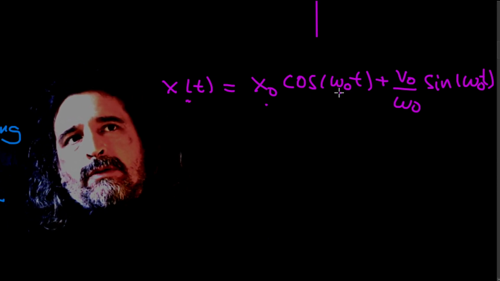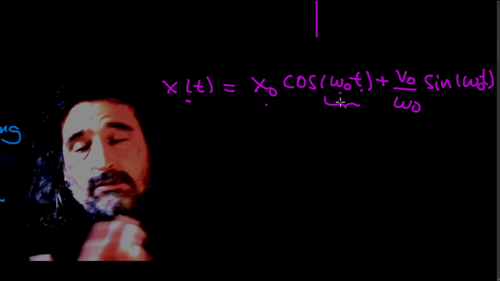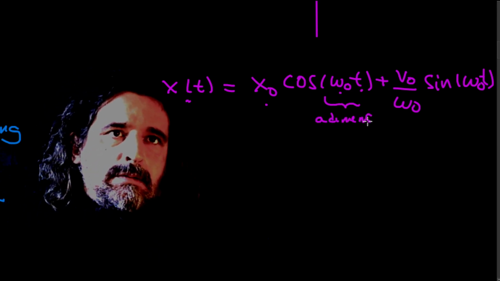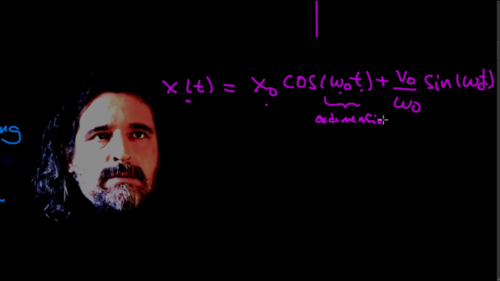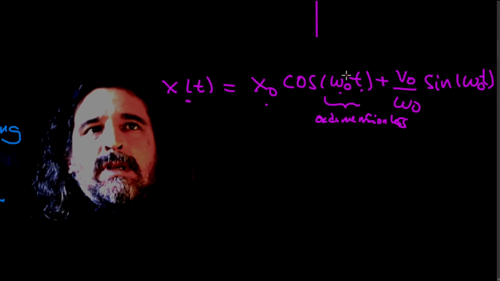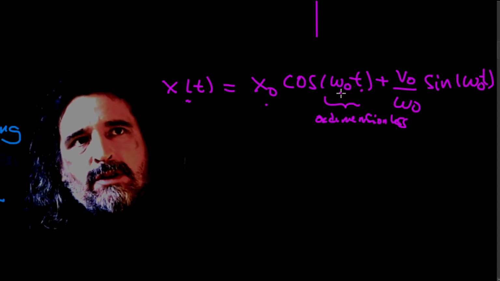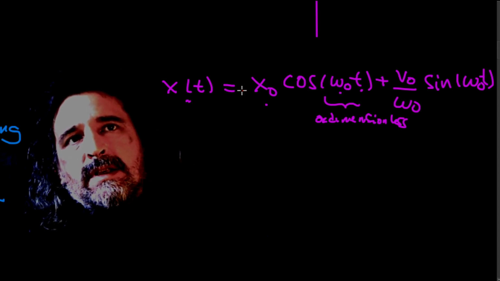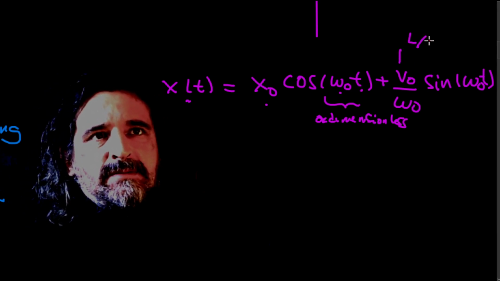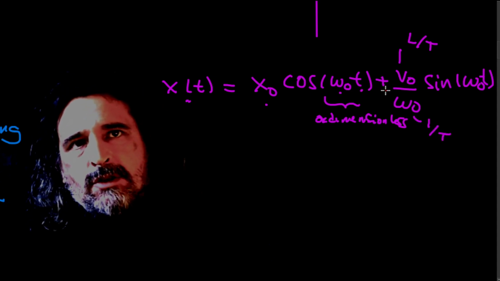This has dimensions of frequency. This has dimensions of time. So this is dimensionless, as it should be, angles are dimensionless. Angles are ratios between two lengths. This has the correct dimensions. This has dimensions of velocity. This has dimensions of 1 over time. So the whole thing has dimensions of length.